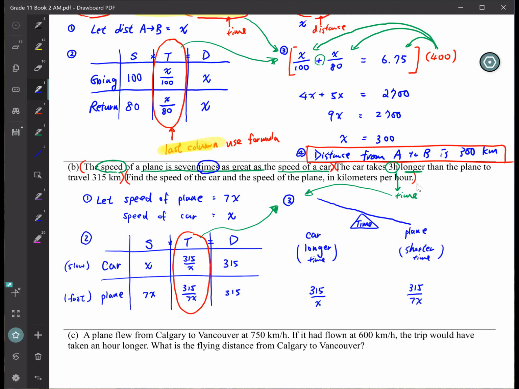So 5 needs to subtract 3 to become the time of the plane. So if I want to make the car time to be the same as the plane time, I need to subtract 3 from the car. Does that make sense so far? Can you raise your hand if you understand this analogy?